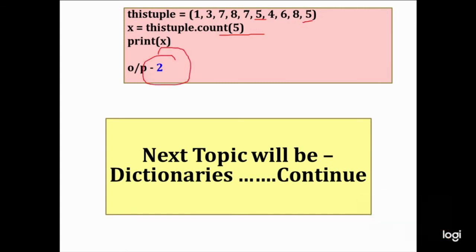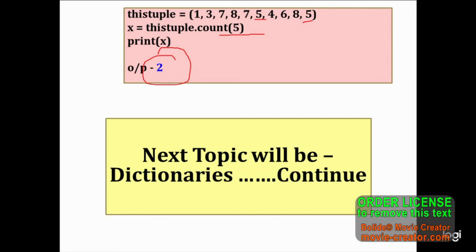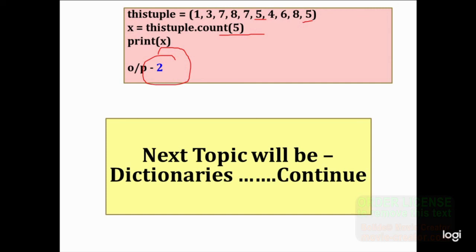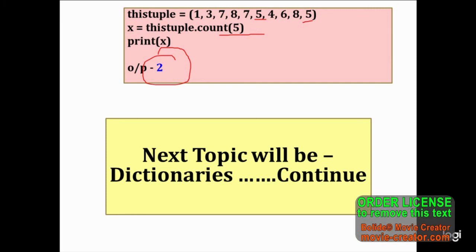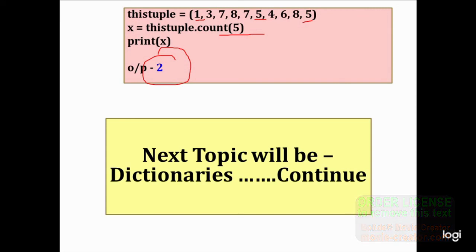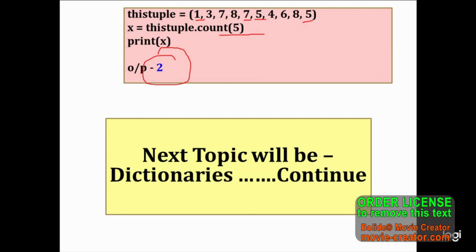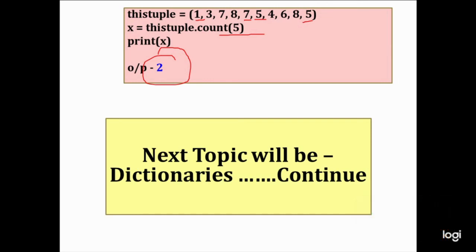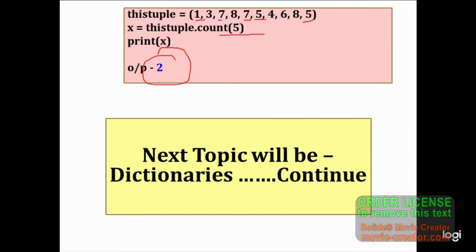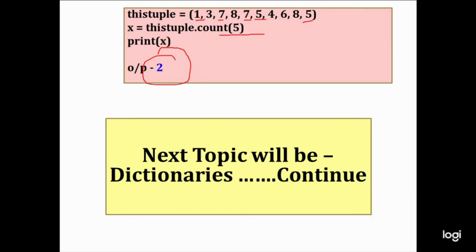Students, if you ask here about the 0 position item, then its answer will be 1, because at the 0 position 1 is there and the occurrence of 1 is only 1. Similarly, if you ask for the count of the number 7, then it will again return 2. Our next topic will be dictionaries.